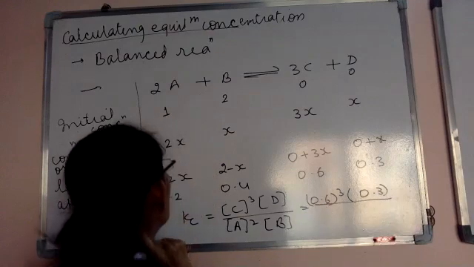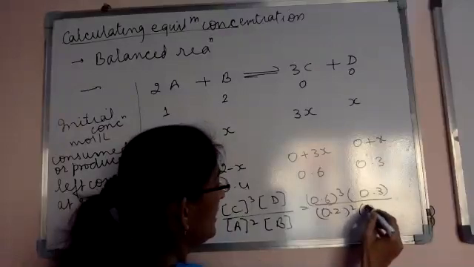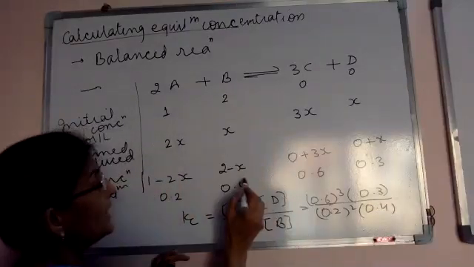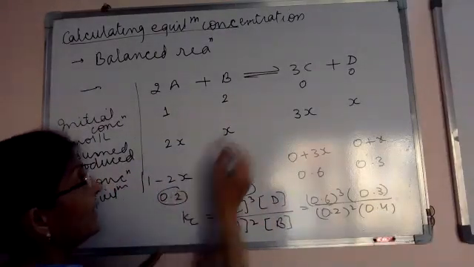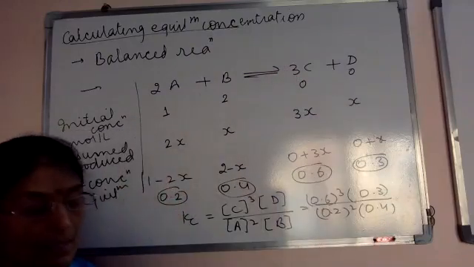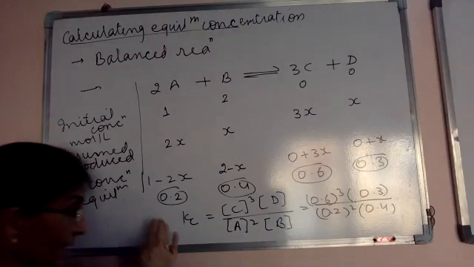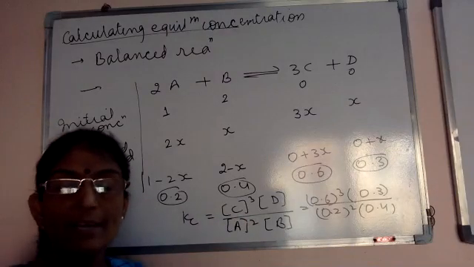For A? It is 0.2 squared. And for B? 0.4. These are the concentrations at equilibrium, and in the Kc formula we place concentrations at equilibrium.